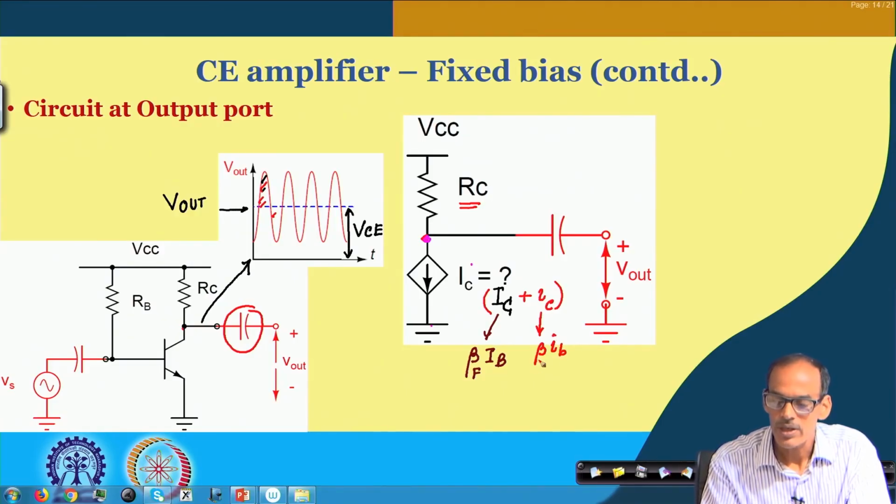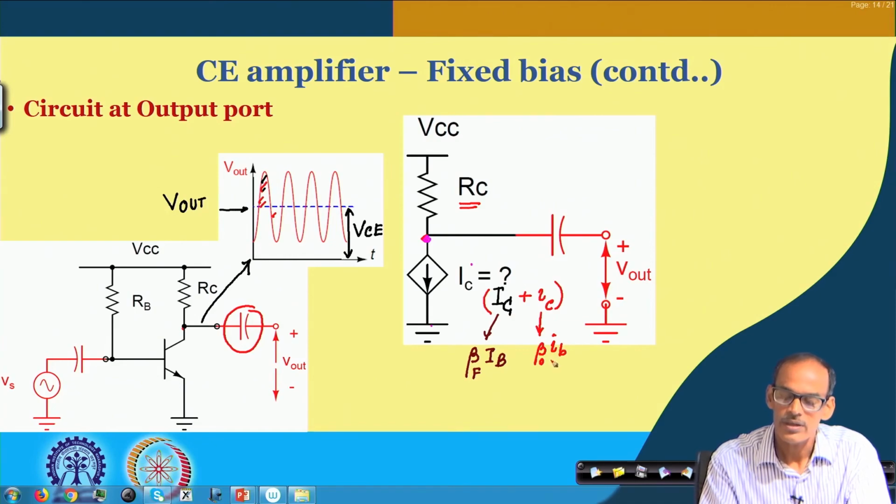This beta is slightly different from beta F. Beta F is called the large signal current gain in the forward direction. This is called the small signal current gain beta. Practically we may consider both equivalent, but you need to be careful, they are not exactly the same.